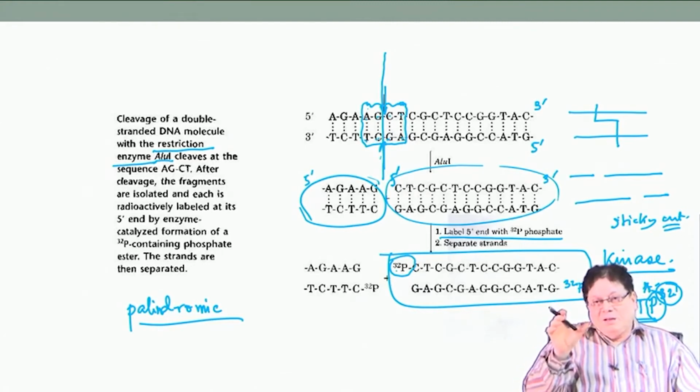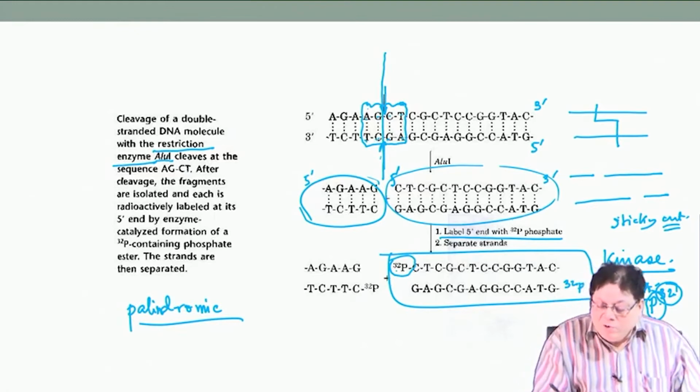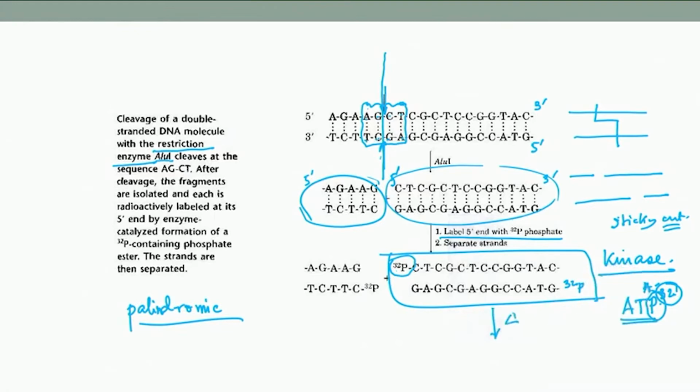and you have this double helix. Now, what you do, you heat it and separate the strands, and you isolate only one of these strands, 32P, because you know these are complementary strands. So, if you know the sequence of one, you know the sequence of the other. So, you have this CT, I am not writing everything because of time, up to AC.